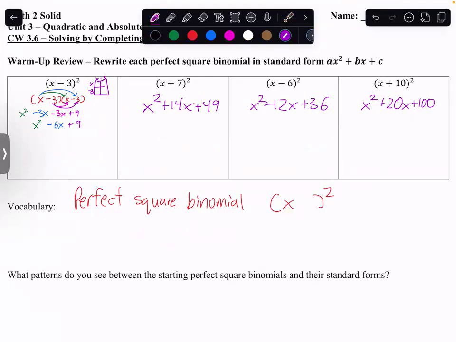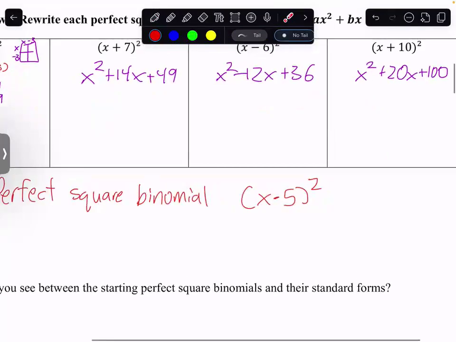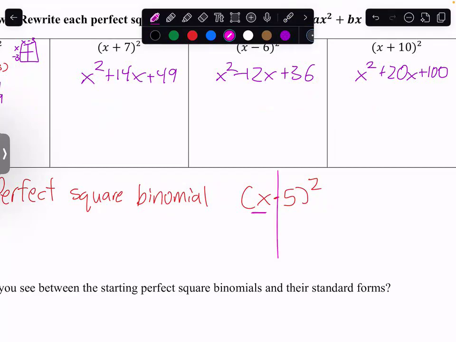I'll just give you an example. Let's just say x minus 5 squared. Okay, so it's called a perfect square because it perfectly turns into a parentheses squared, right? Remember the exponent of 2, we say squared out loud. And then it's called a binomial because there's two terms in the parentheses. Remember the minus sign splits it up, so you've got one term, two terms.